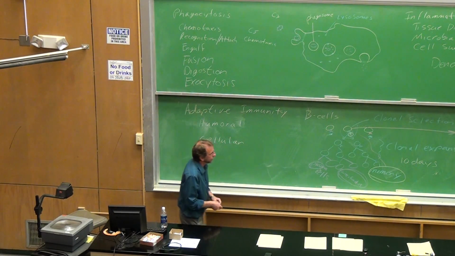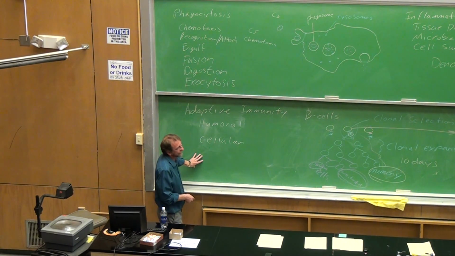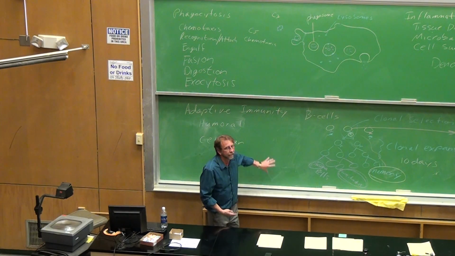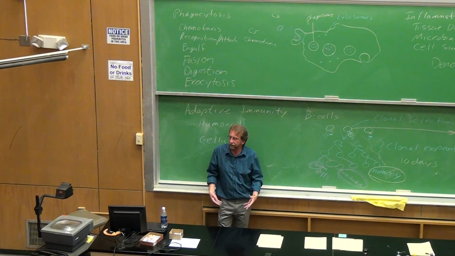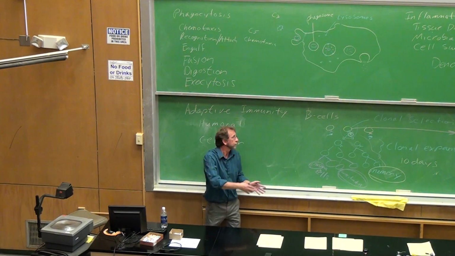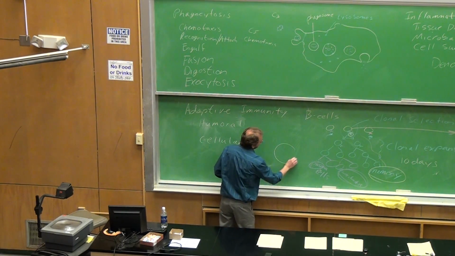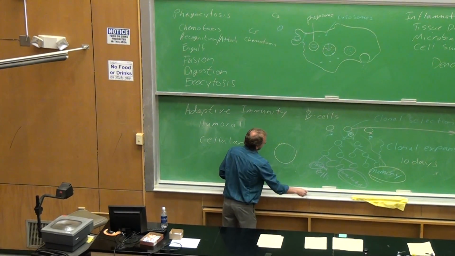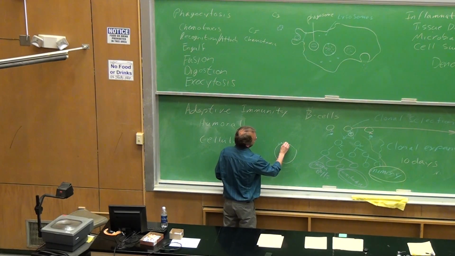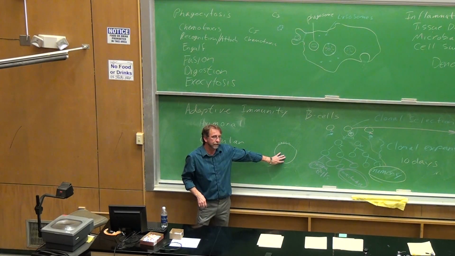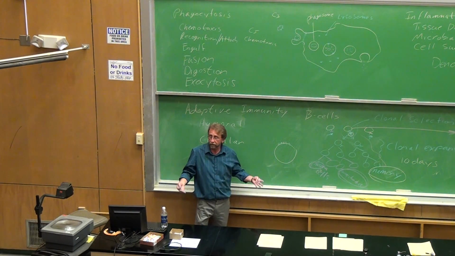I should mention that there are a few antigens that don't require the T cell to activate the B cell. They're T independent, and in most cases we're talking about lipids and carbohydrates where there are many repeating units. And so sometimes some B cells, imagine this is a B cell, if you have lots of those repeating units now binding, so that they all get bound up, this could be enough to stimulate the B cell to undergo clonal expansion.